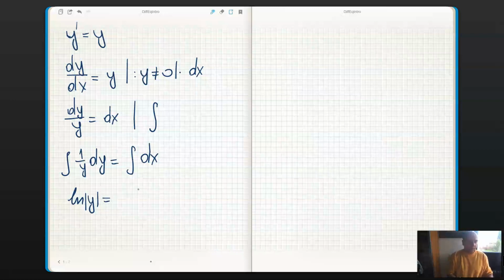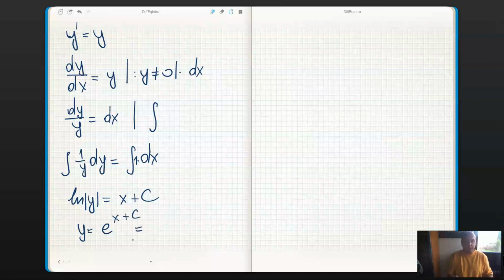So it equals, this is 1 times dx, so the antiderivative of 1 is x, and since we're talking about indefinite integrals, we also add a constant c. ln is the same as the logarithm to the base e, so we would have y itself equals e to the power of x plus c, as you can see.